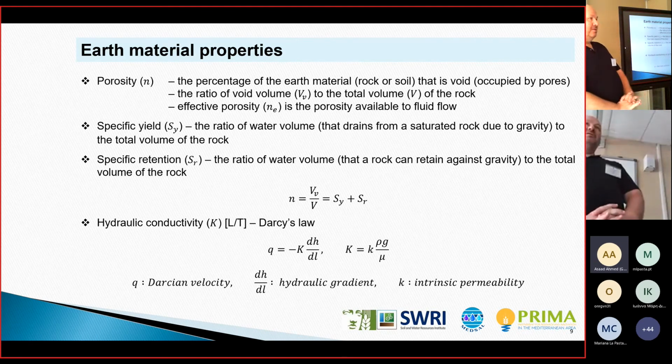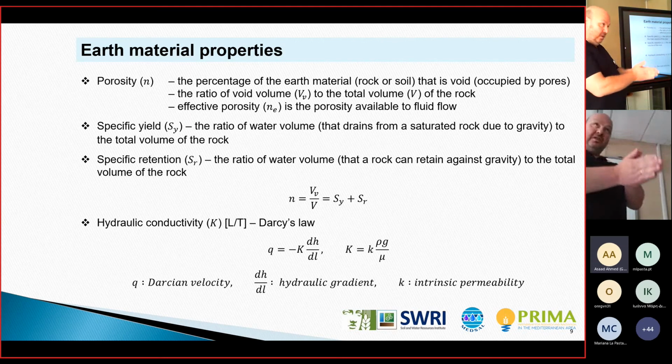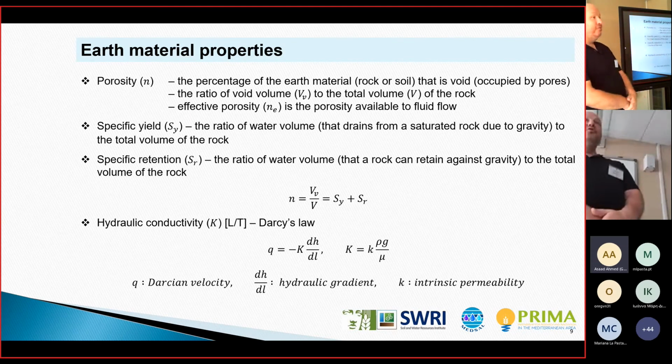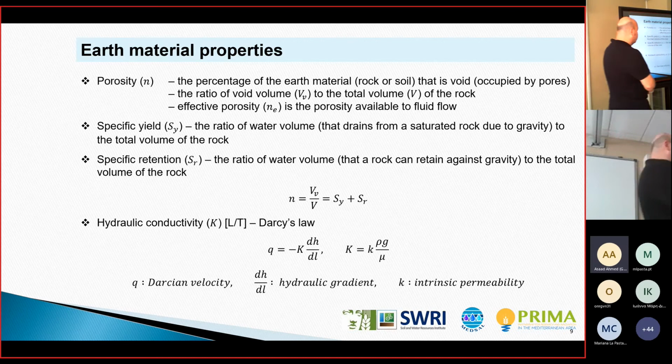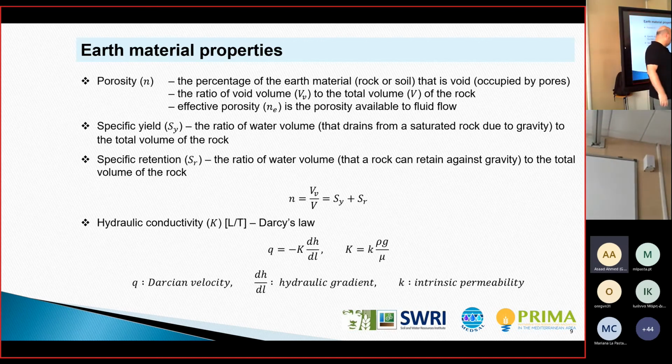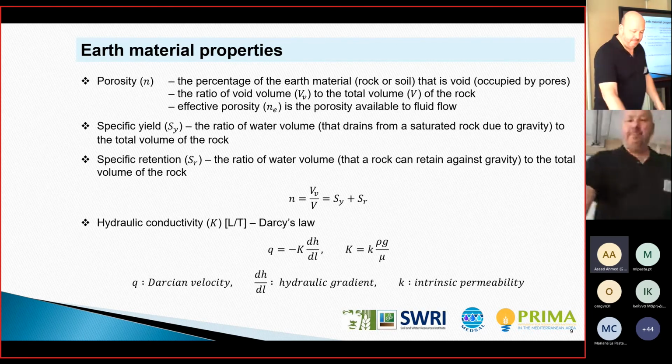So this is very important: hydraulic conductivity is not just a parameter of the soil or of the aquifer. It is related to both the earth material and the fluid, as we can see from this equation, which relates hydraulic conductivity to the intrinsic permeability of the porous media and the fluid properties, like density and viscosity, which is this Greek mu.